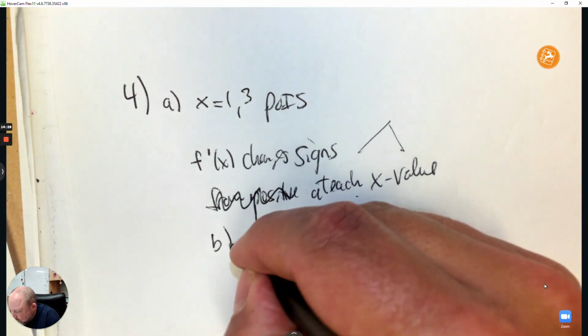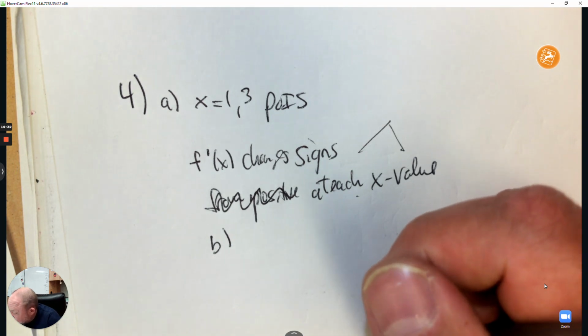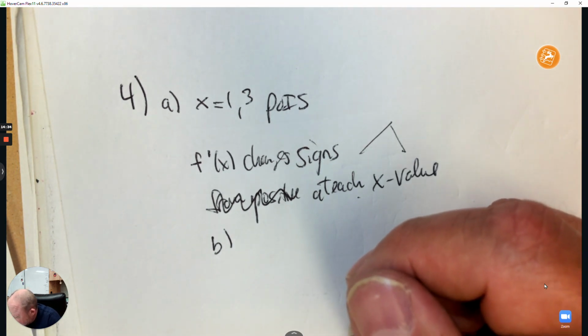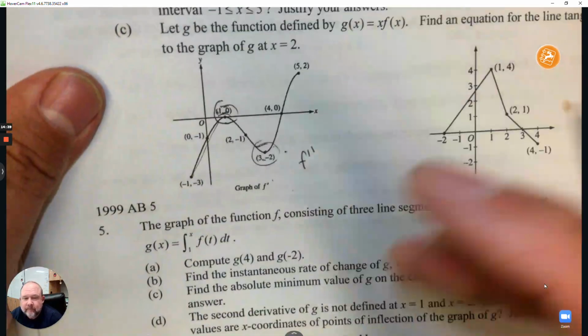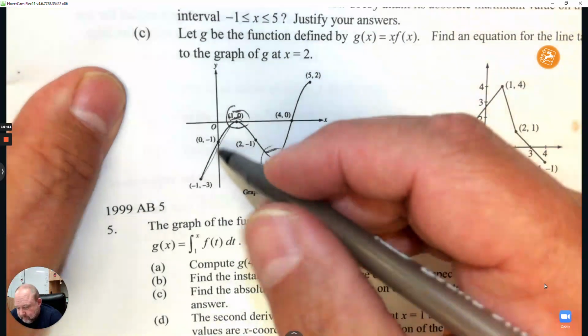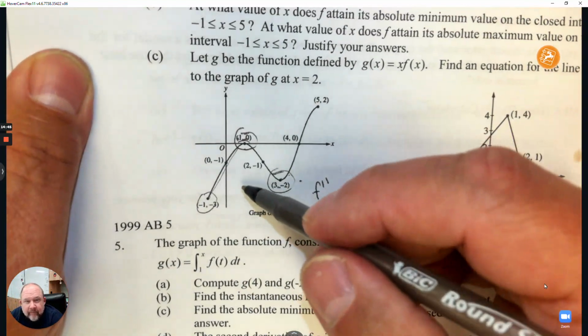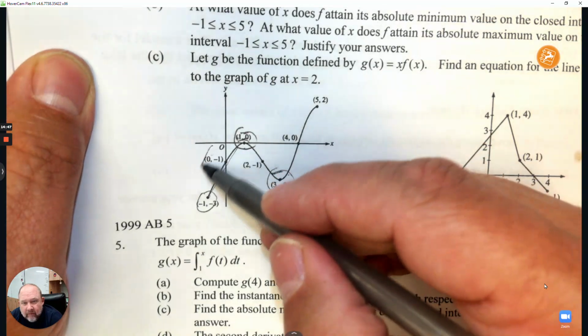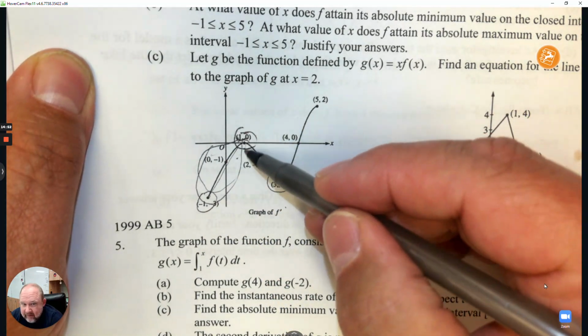Part B. At what x value does f attain an absolute minimum, and at what x value does it attain its absolute maximum? So whatever the value is here, all of this is decreasing. It's negative, and this is negative.